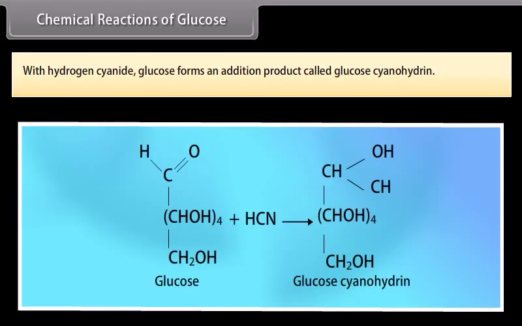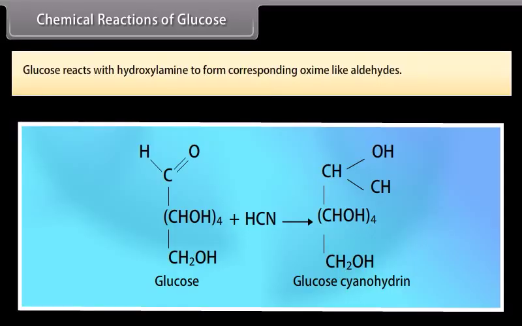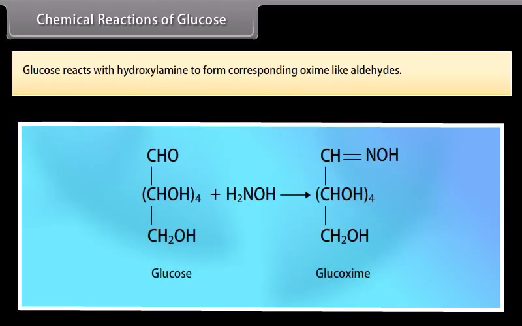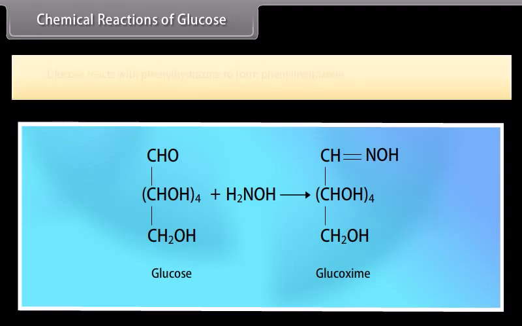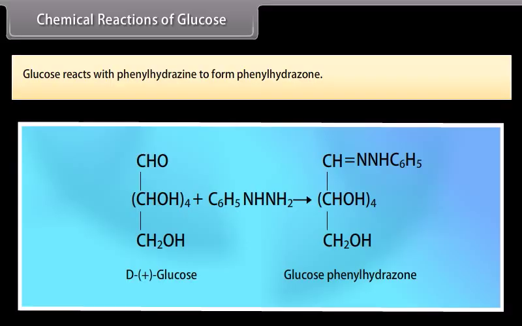With hydrogen cyanide, glucose forms an addition product called glucose cyanohydrin. Glucose reacts with hydroxylamine to form the corresponding oxime, like aldehydes. Glucose reacts with phenylhydrazine to form phenylhydrazone.